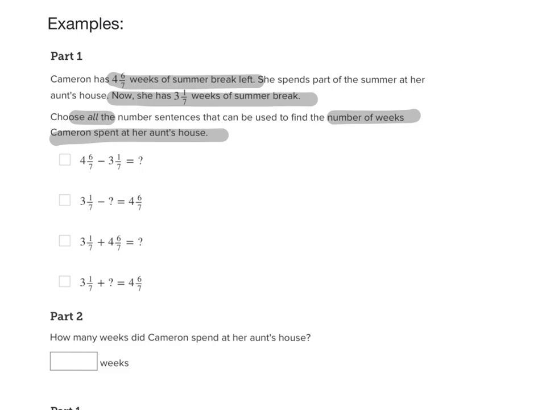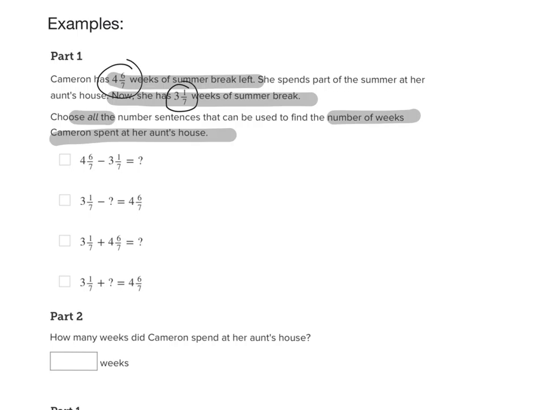So I know that 4 6/7 is what she starts with having left, and I know that she uses some of it at her aunt's house, and now she's left with 3 1/7.